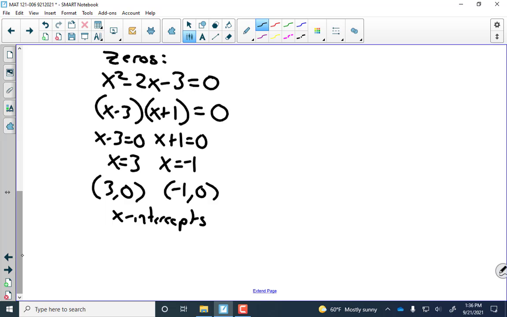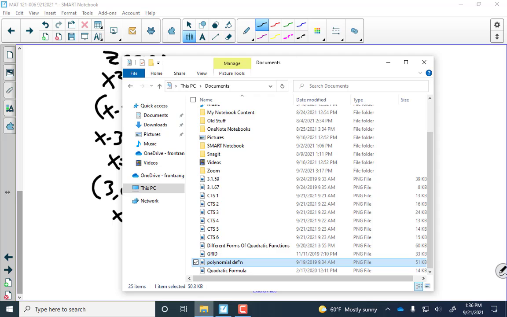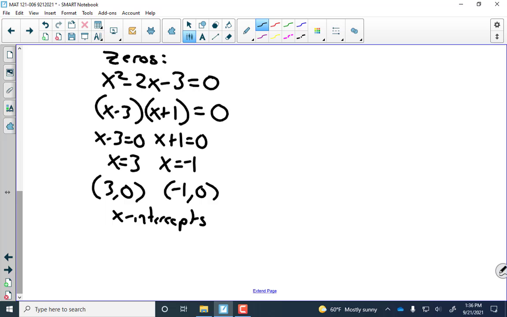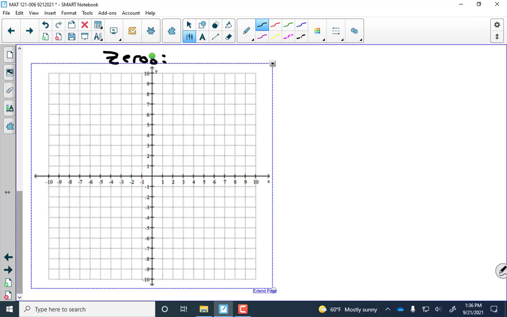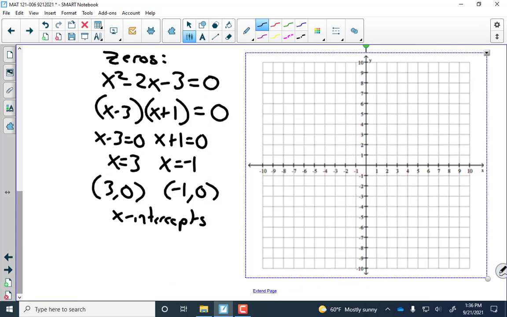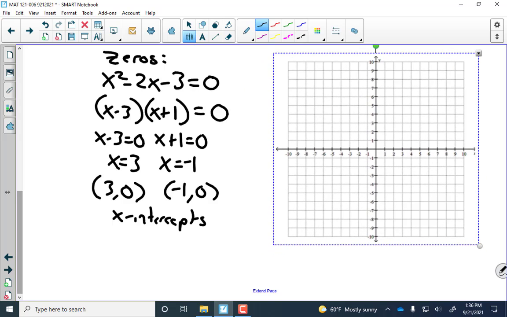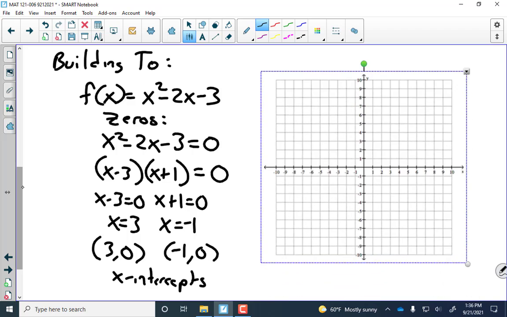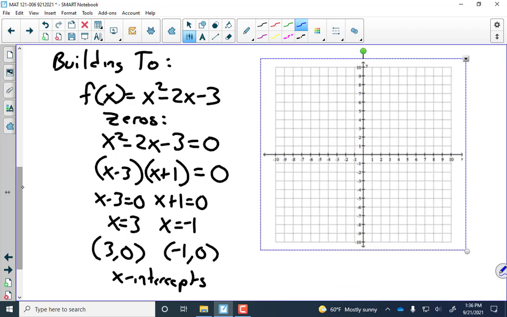But what we're going to do, everyone, is, let me get a graph in here for myself. I am going to teach you how to look at the equation of a quadratic like this. And the thing we already know how to do is find the x-intercepts.